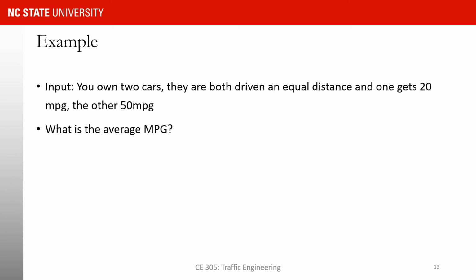They are both driven an equal distance, and one gets 20 mpg and the other one gets 50 mpg. What is the average mpg of these two cars? Okay, I want to ask you to pause the video here, solve it, and then unpause the video. If your answer is 35 mpg, I'm going to tell you from now that it is not correct.